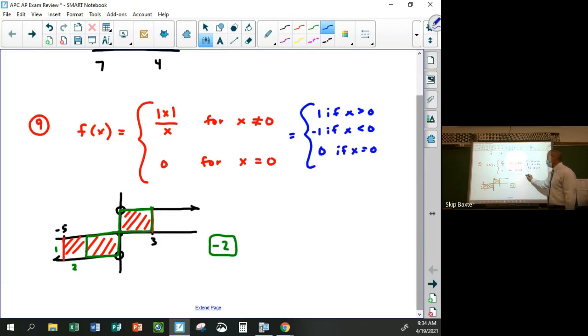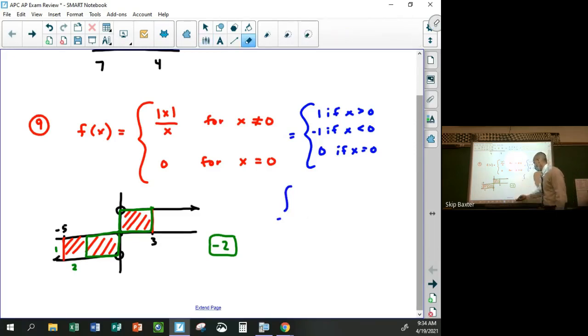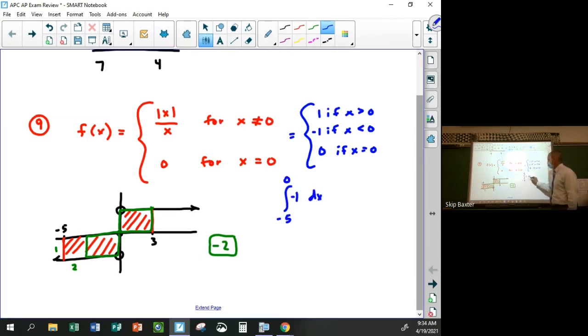Then you could do the integral from negative 5 to 0 of negative 1 dx, plus the integral from 0 to 3 of 1 dx. It's way more work, you know what I mean? But you could do it this way. But if you recognize what the function actually is, then graphically it's definitely an easier way to do it.